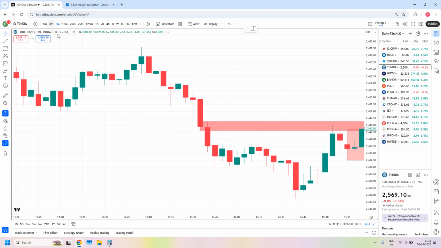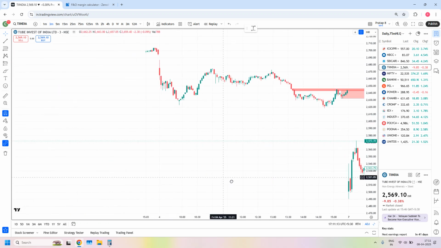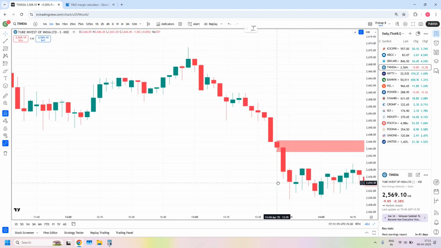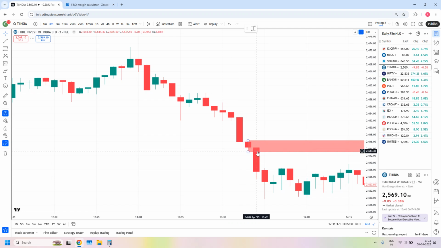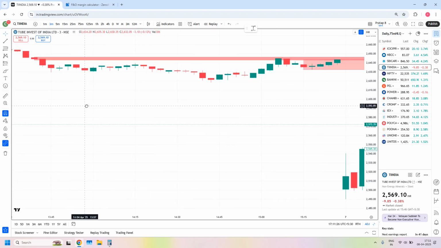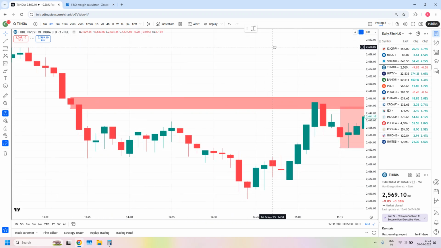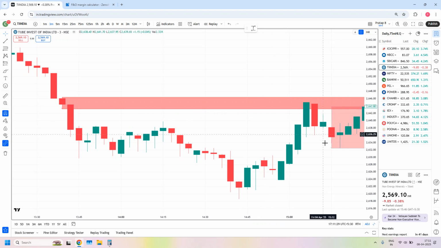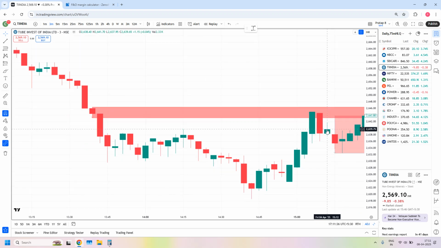Now what I did, I went to 3 minutes. In 3 minutes, you see, excellent: drop base drop. The structure is clearly defined, and this drop base drop 3 minutes zone is acting as a lower time frame zone to this entire 15-minute zone. The 15-minute zone is a high liquidity zone. So that's why this is the area we can plan.